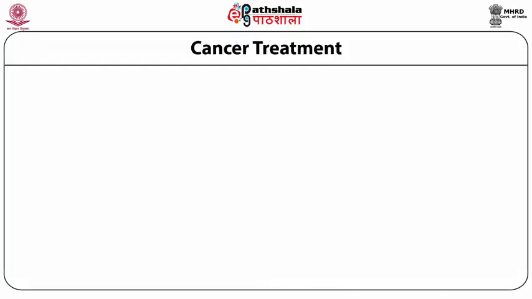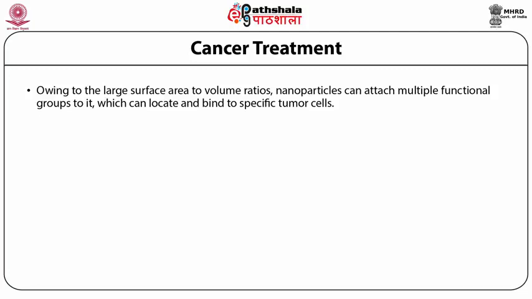Cancer treatment is another important application of nanoparticles. Owing to the large surface area to volume ratios, nanoparticles can attach multiple functional groups to themselves, which can locate and bind to specific tumor cells.